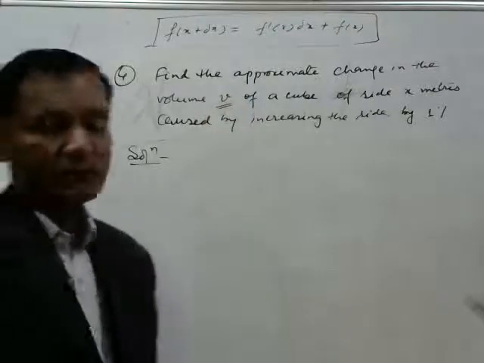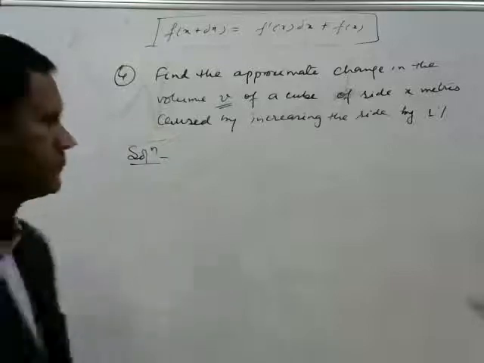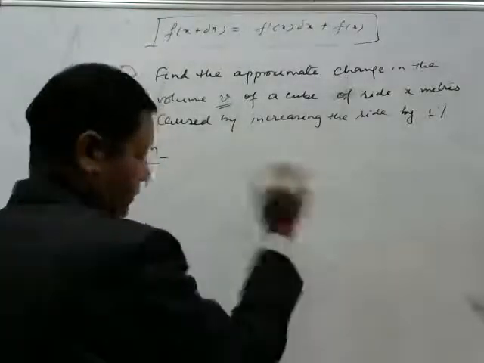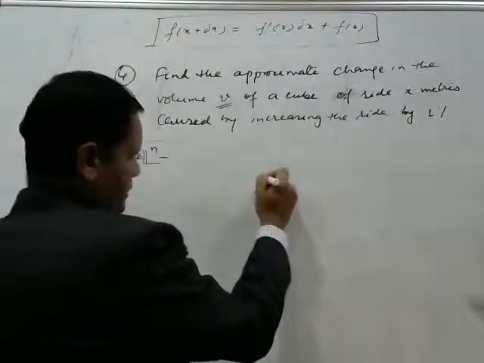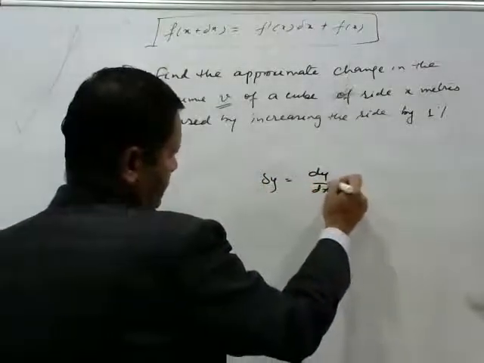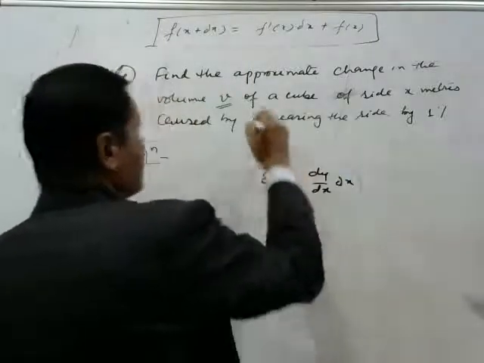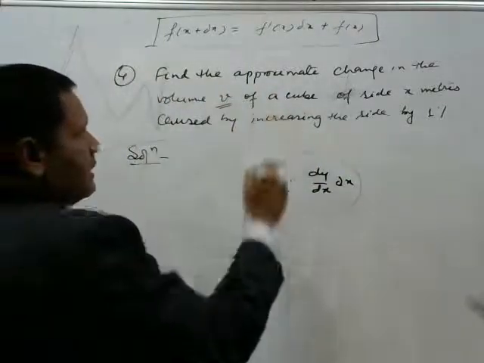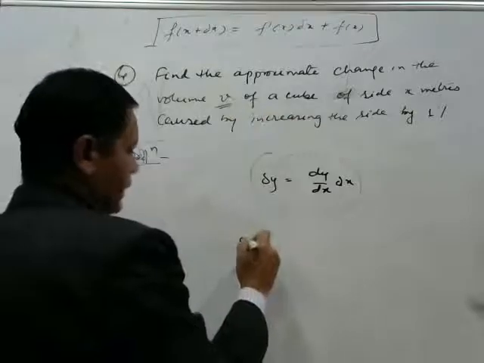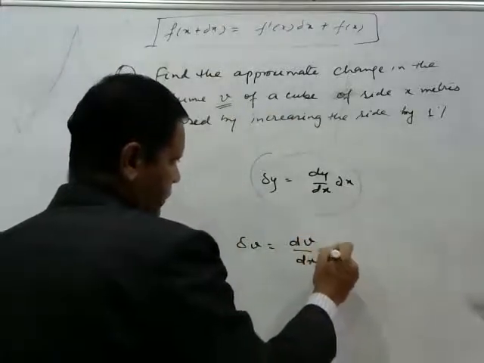With delta V I have to find out. And you know that delta V is equal to what? We have discussed that delta y is equal to dy by dx into delta x. Here I have to find out delta V, change in volume V. That is dV by dx into delta x.